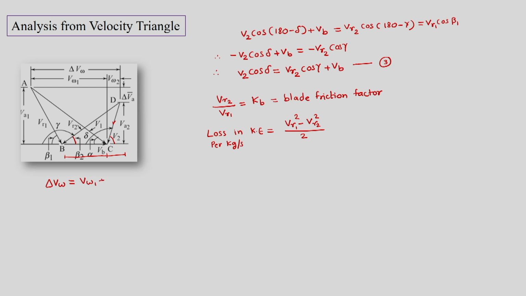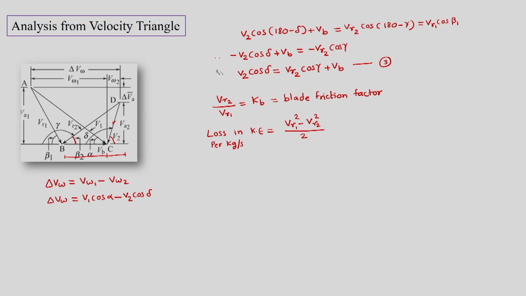So, delta VW is equal to V1 cos of alpha minus V2 cos of delta. This is what we had seen, VW1 minus VW2.